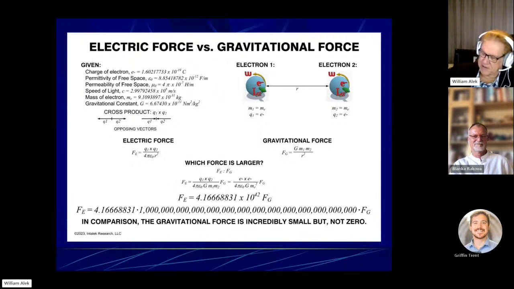I want to emphasize that point. It's not zero. This is what I think caught the early mathematicians and physicists: the electric force is so enormous compared with the gravitational force that we can set gravity equal to zero. But I think that's where the error occurred in electromagnetics and gravity.